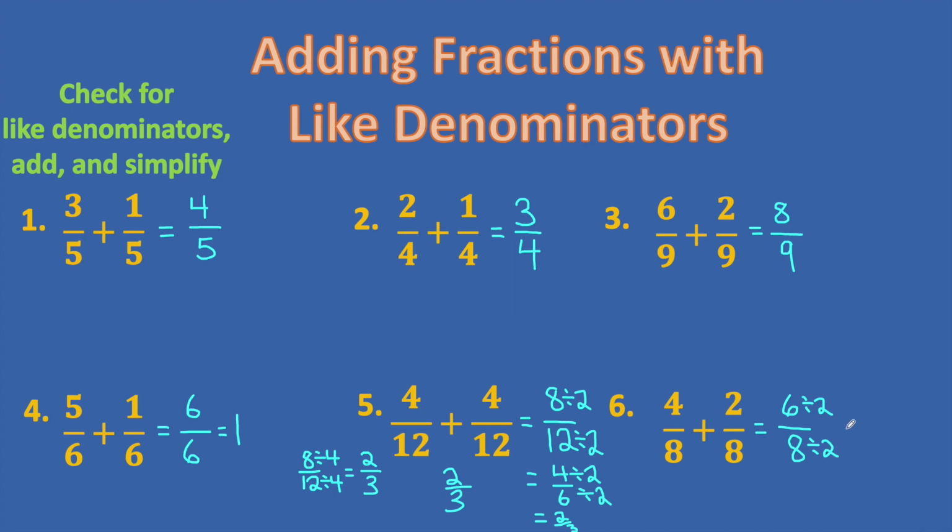Because remember, whatever you divide on the top, you do the same to the bottom. This way you don't change the value of the fraction. So 6 divided by 2 equals 3, and 8 divided by 2 equals 4.